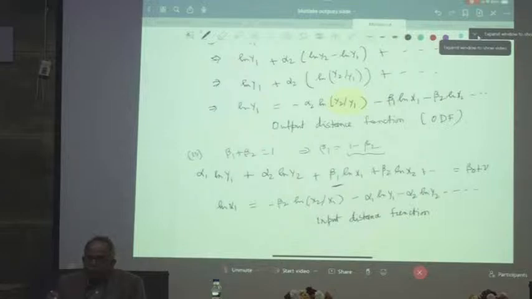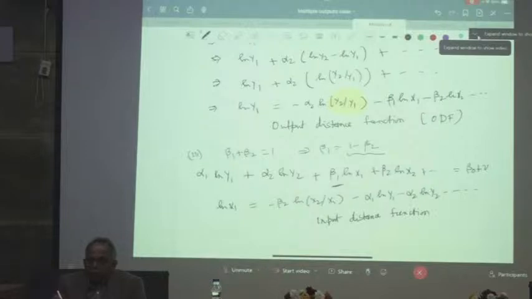Nothing is going to happen to y, so those parameters are going to be unchanged. We have a minus sign because I used the normalization beta 1 plus beta 2 equal to 1. If I say beta 1 plus beta 2 equal to minus 1, then you don't have the minus sign. But minus or plus, what I'm talking about is the absolute value of those alpha 1, alpha 2.